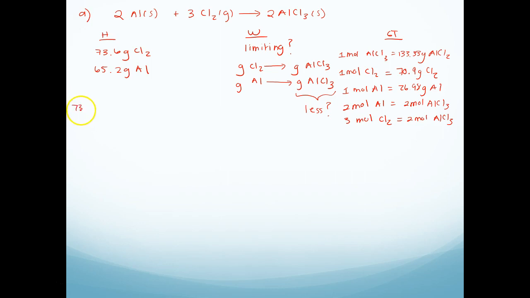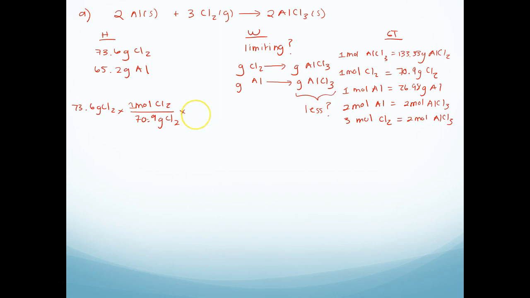We have 73.6 grams of chlorine, right? And now I know I need to go to moles next. For 1 mole of chlorine, it's going to weigh 70.9 grams of chlorine. And again, it's okay to go back and do your roadmap. The more work you show, the better.